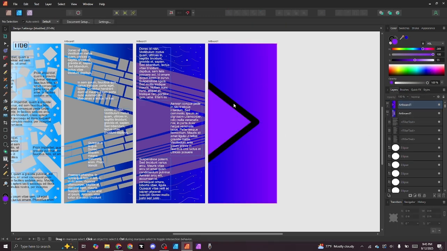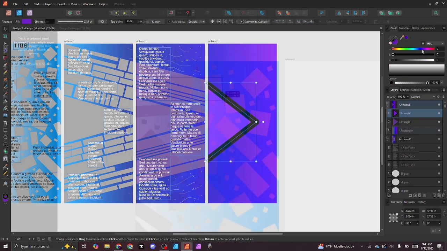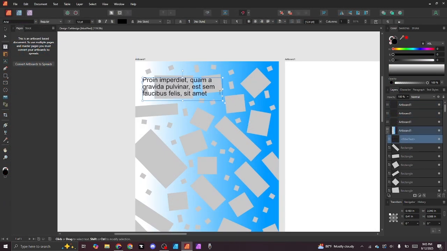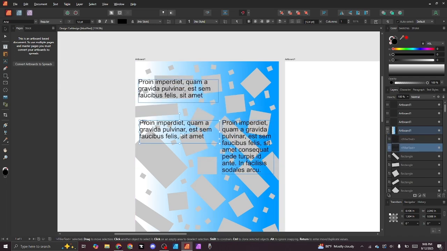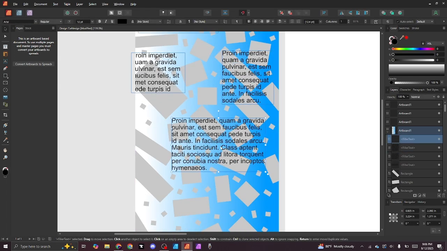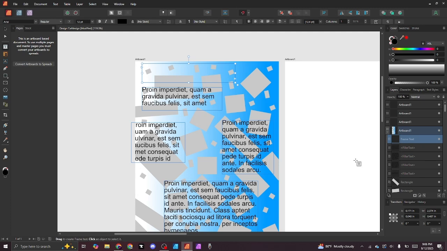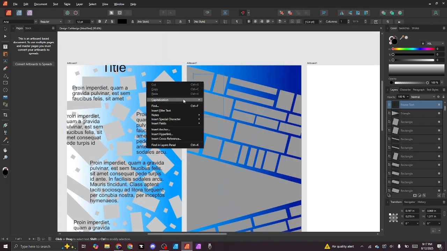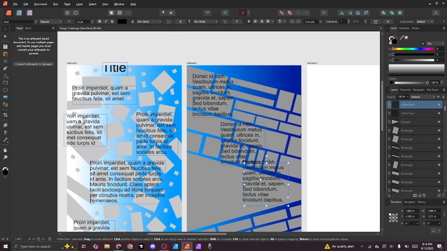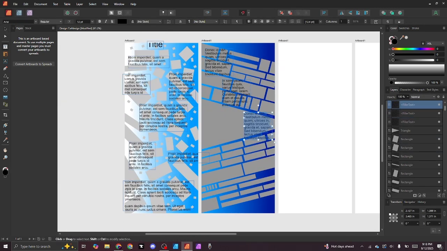The text placement follows the same progression. On page 1, the filler text is scattered and underlined, mimicking the disorganized flow of initial thoughts. On page 2, the text begins to align into columns and small, organized chunks.